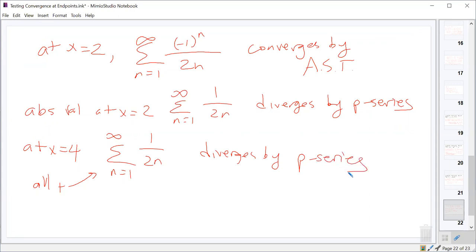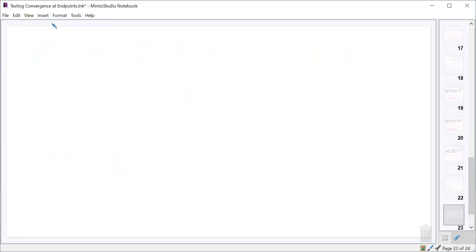And so we had convergence at 2, but not absolute convergence at 2. We didn't have convergence at 4 at all. And we should be able to write out r equals 1. We would say that it converges on 2 to 4.